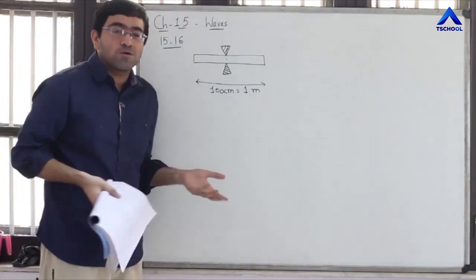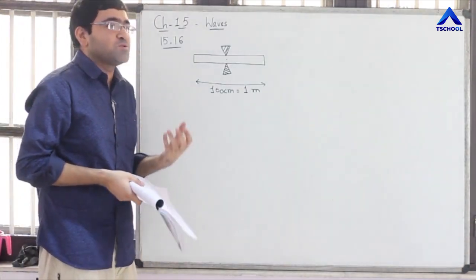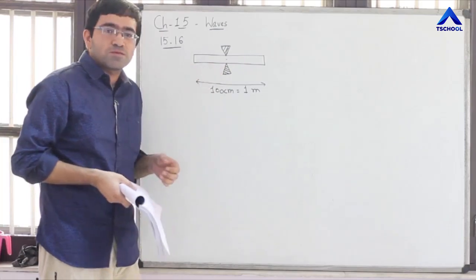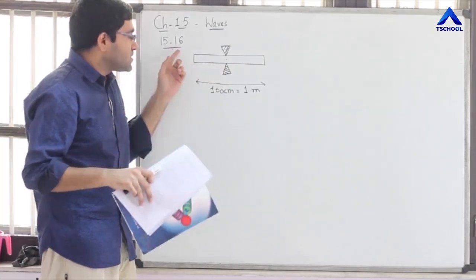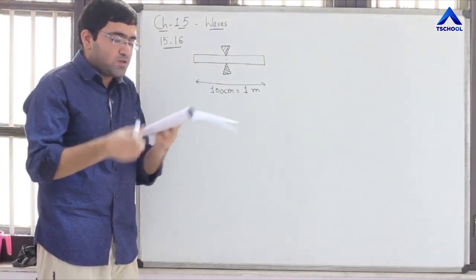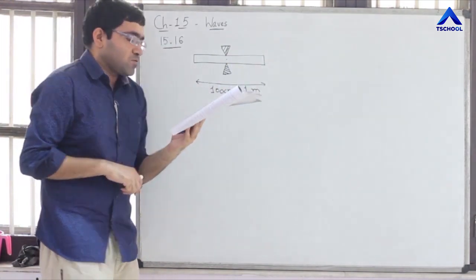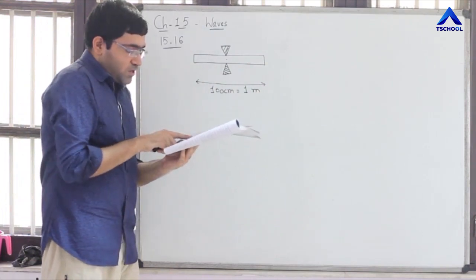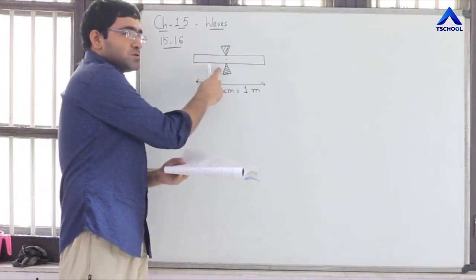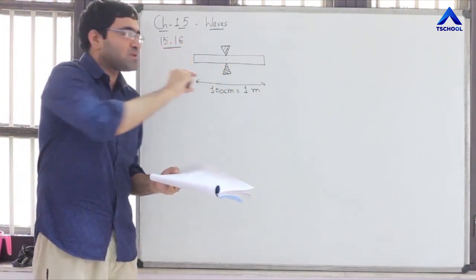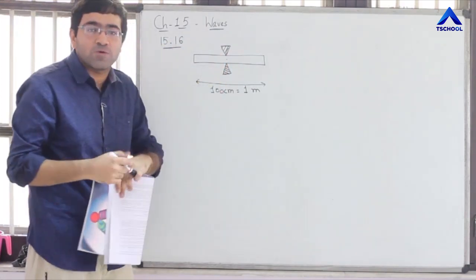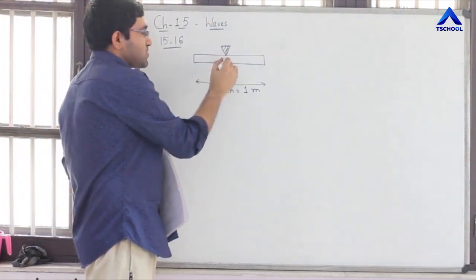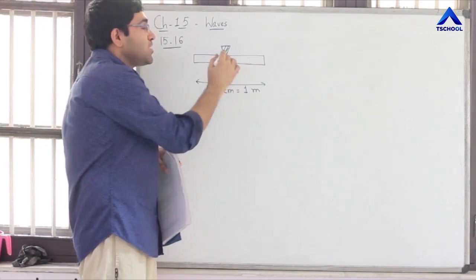Okay, so we are now going to solve a question related to standing waves in this object. The question number is 16 from the exercise of the textbook. Okay, the question says there is a steel rod 100 centimeter long, is clamped at its middle. It's being held, it's clamped, it's fixed over here. So one thing is quite clear: if it's clamped, it's fixed over here, this point must be a node.